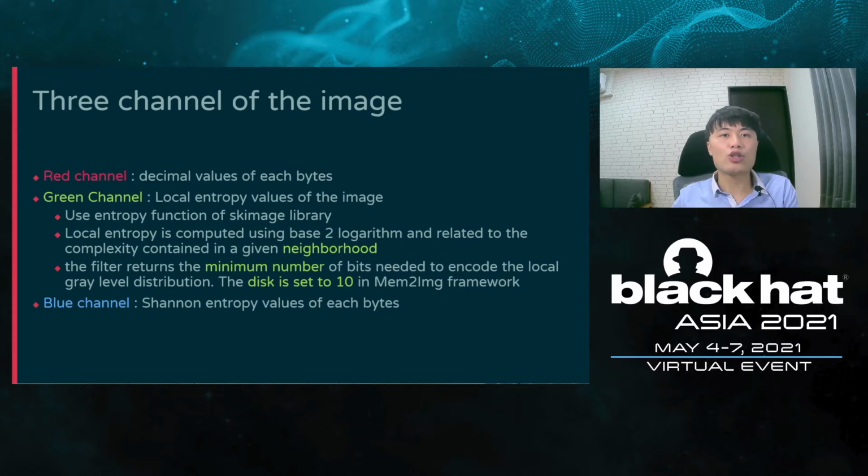The local entropy can show the complexity relationship contained in a given neighborhood. The filter returns the minimum number of bits needed to encode the local gray-level distribution. The disk is set to 10 in the Mem2Img framework. The blue channel is composed of the channel entropy values of each byte.